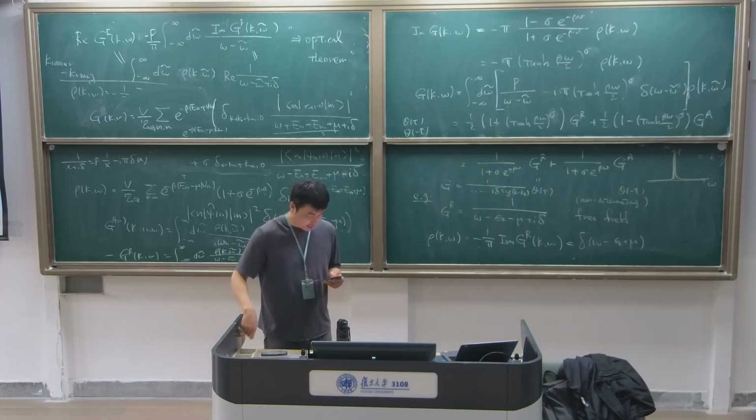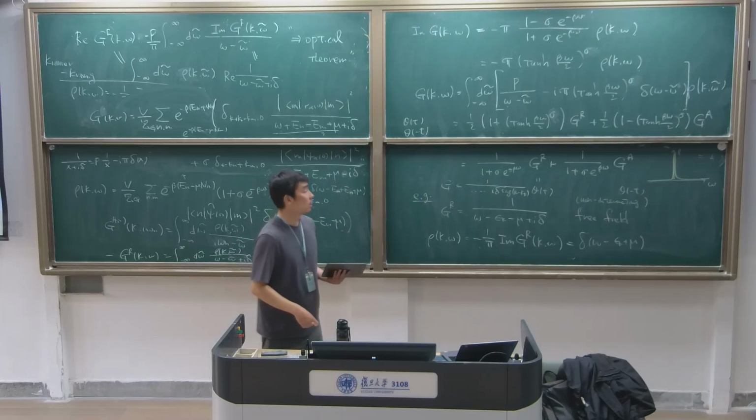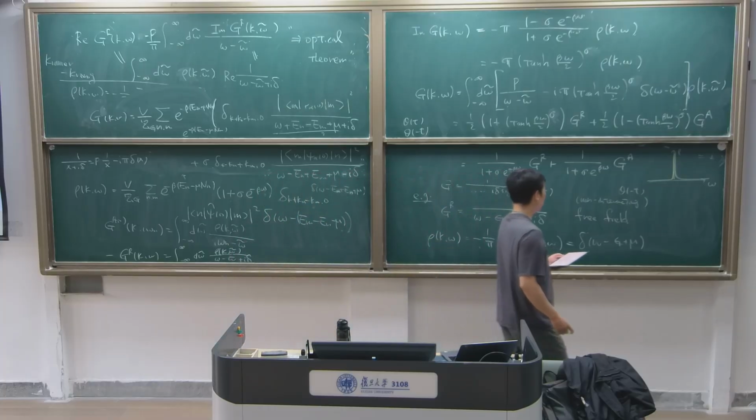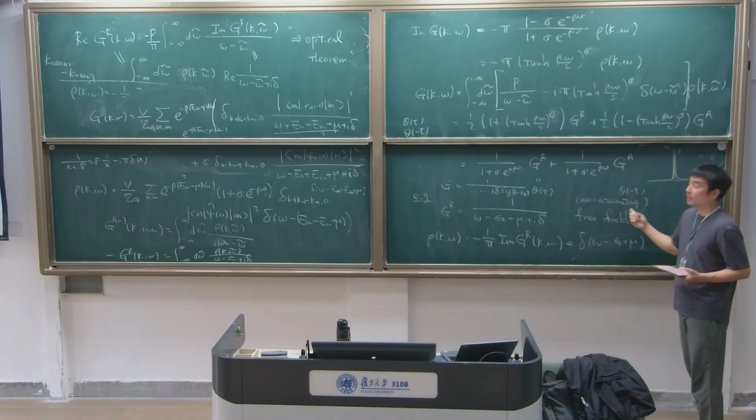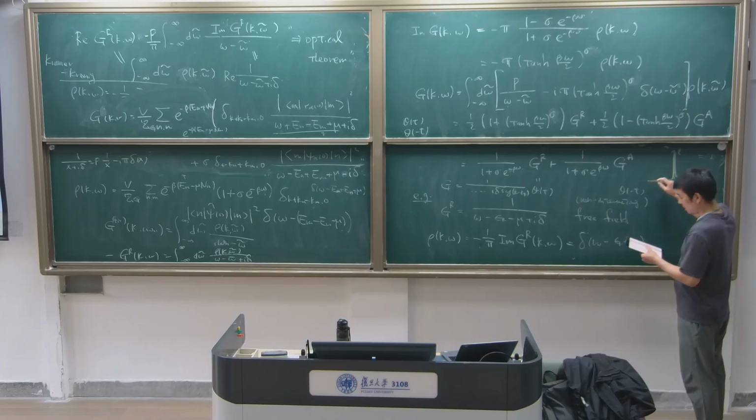On the other hand, for the free field, the delta function, if you introduce the interaction term in the Hamiltonian, the spectral function becomes like this.